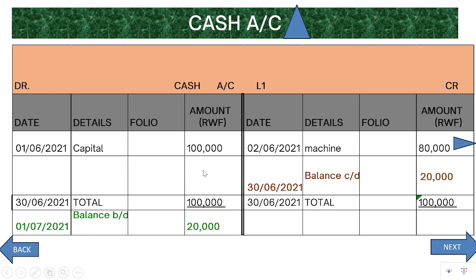We total debit and credit. The debit has 100, the credit has 80, so the difference is 20, which is the balance carried down. Then we compute the totals here, 100, 100. Then we bring this balance carried forward to the next date of the month, 1st July 2021. The amount here is 20,000.